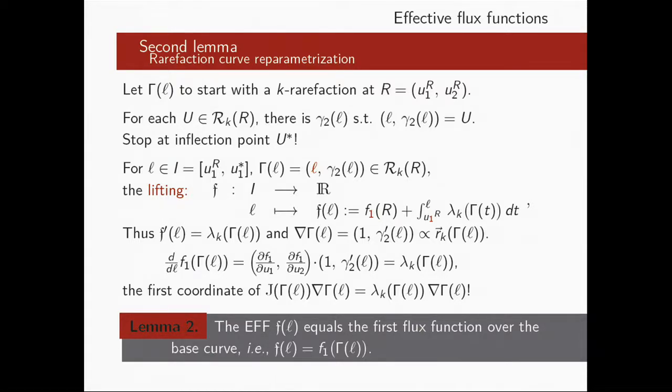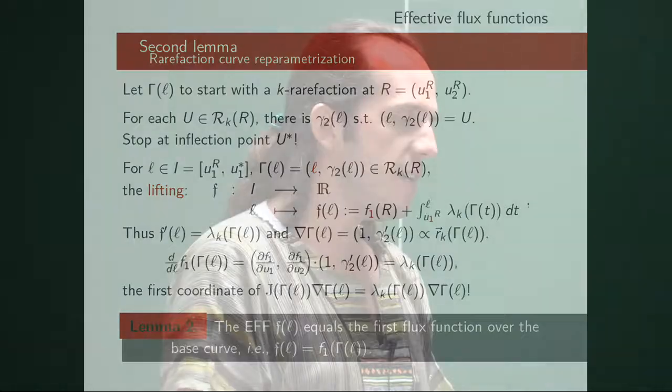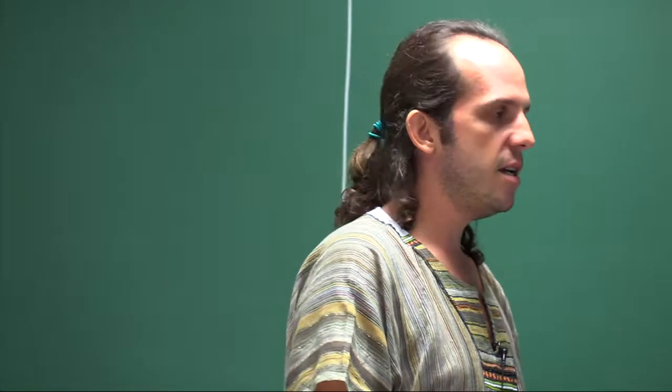So this relation holds, and since the first coordinate of this vector is 1, this relation holds. And this gives me the same idea that I have with the shocks. The effective flux function, I can use it like the first flux restricted to that curve.